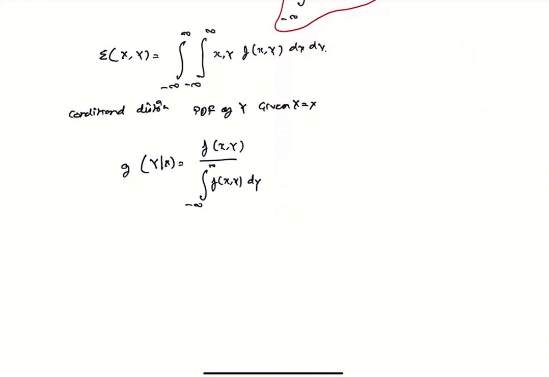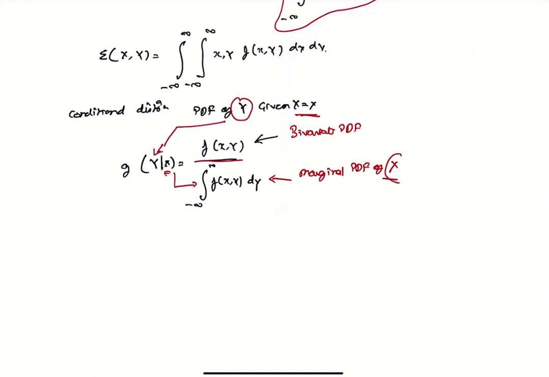So what is this? This is the bivariate PDF, and this thing here is the marginal PDF of x.